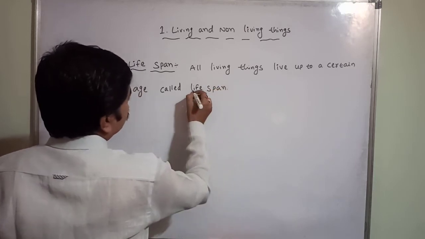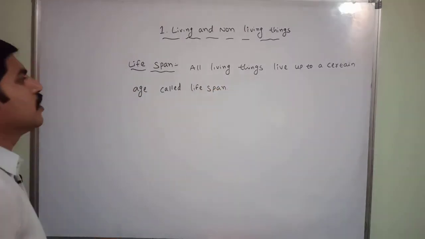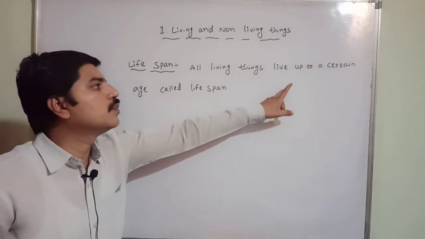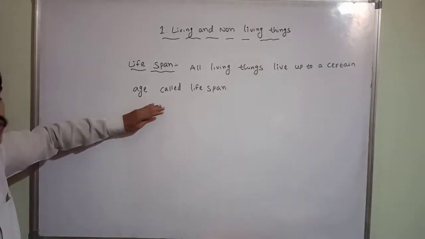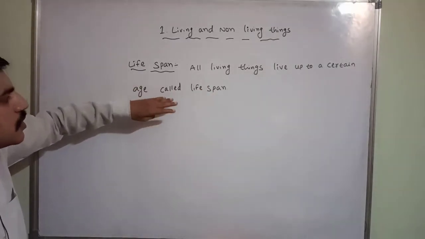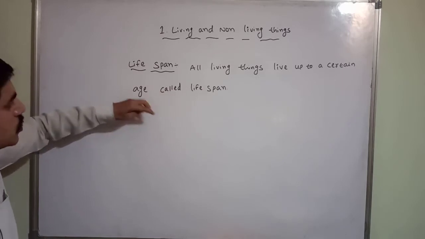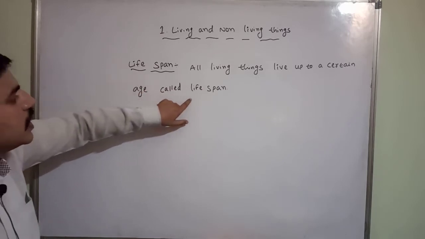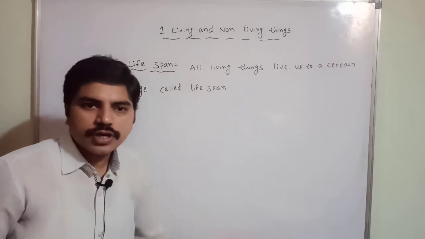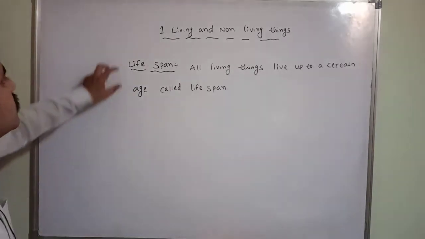Correct or not? That is called a lifespan. All living things live up to a certain age. Up to a certain age, all living things are able to grow. So that's why that age is called a lifespan. Okay? So that is called a lifespan.